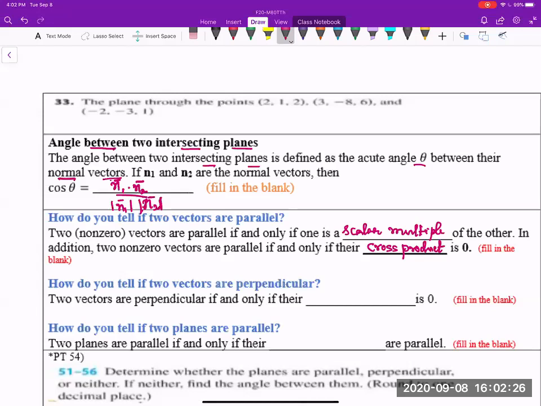How do you tell if two vectors are perpendicular? Two vectors are perpendicular if their dot product is zero. How do you tell if two planes are parallel? Two planes are parallel if their normal vectors are parallel.